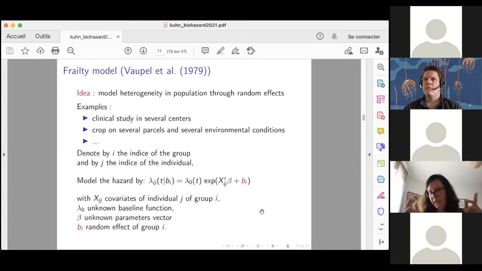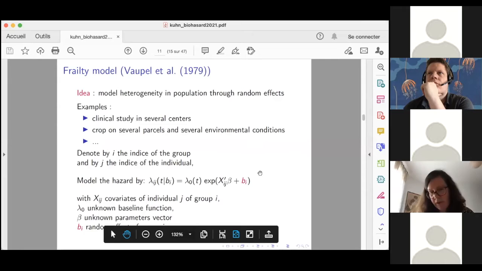If you think of the households clustered in 16 villages, and in each village you have several households, you have a structure in your population. And this model has been used to analyze this data set.